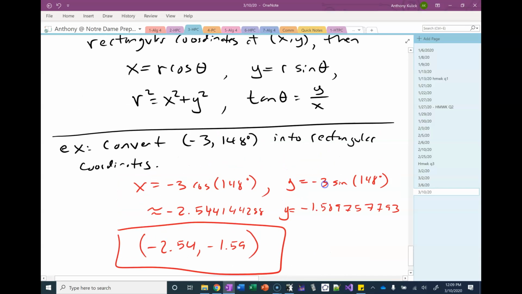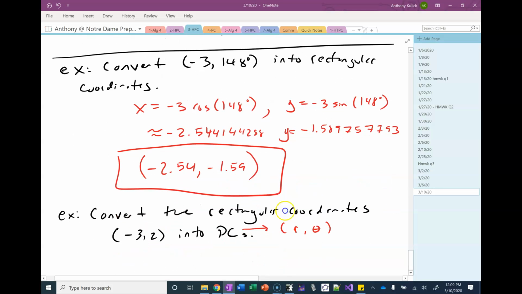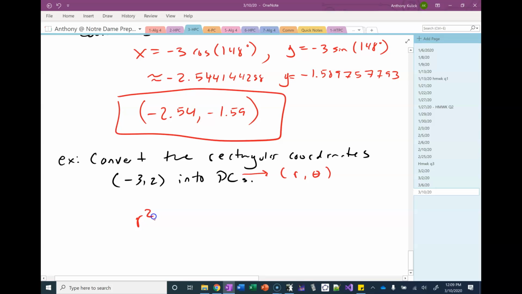So of these four equations up here, which are going to be the two that we'll be interested in? r squared and tan theta. Okay.